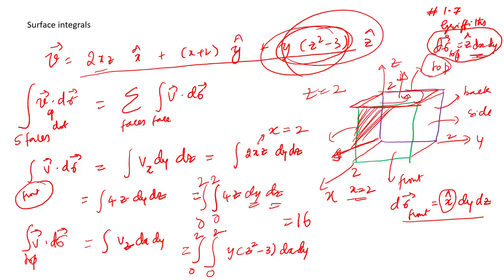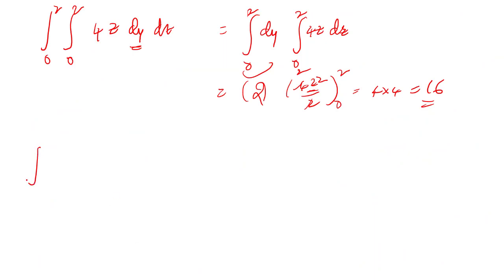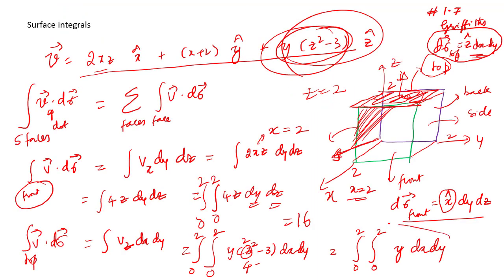And we know that z is equal to 2 for this entire face because we're looking at the top face here. So I can plug in 2 squared, so that is 4 minus 3, which gives me 1. So I essentially have, going from 0 to 2, 0 to 2, 4 minus 3 gives me 1. So I have y times dx dy, right? And this is very similar to the previous integral, and you can evaluate this for the top surface. Then we have to evaluate this part.